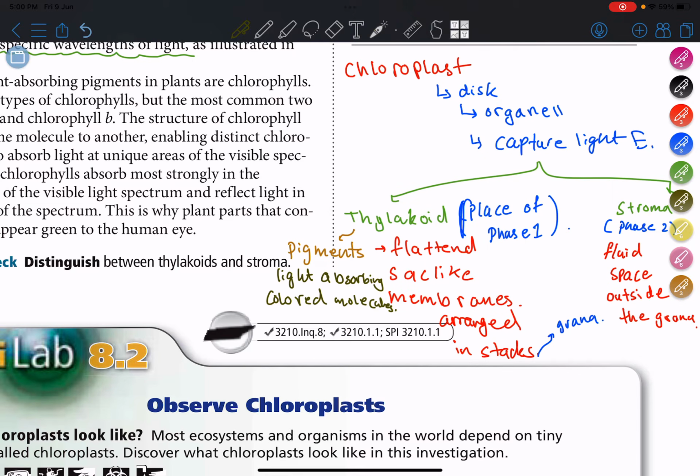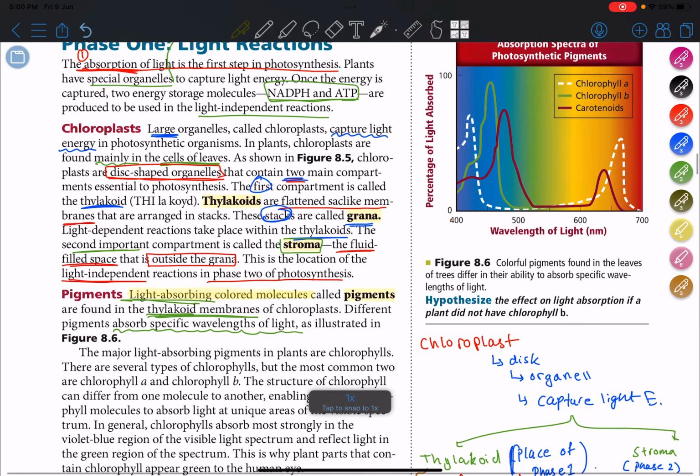They are found in the thylakoid, as we said, and what we need to know is that different pigments absorb specific wavelengths of light, and we'll look at this in this figure right here.